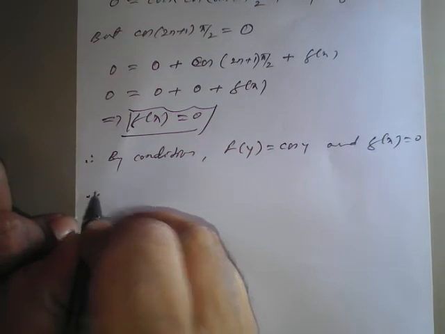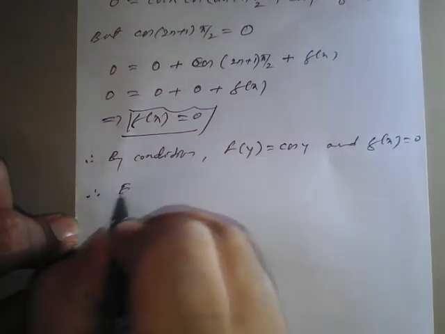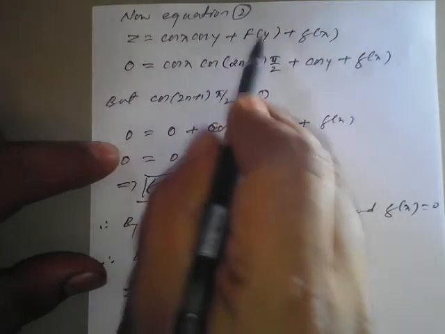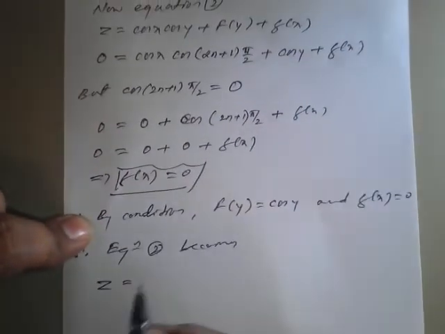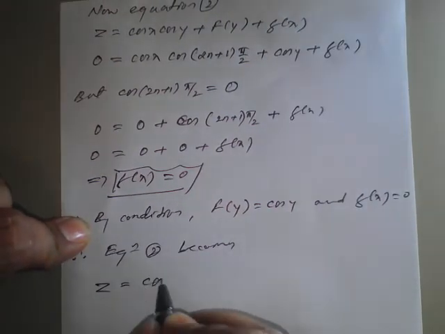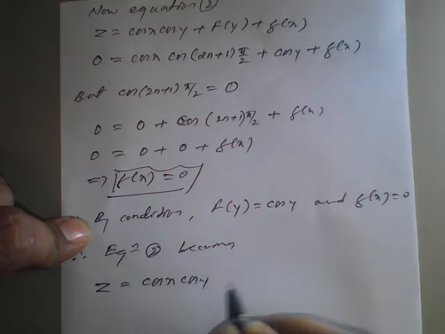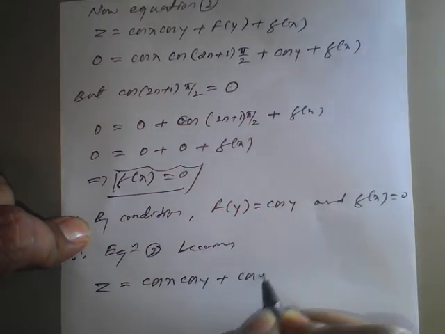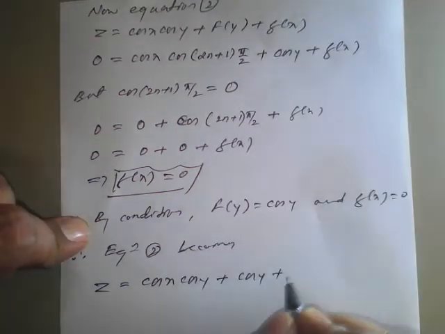So with this condition equation 2 becomes, because we want the z value, so z is equal to, here we need to apply the values of f of y and g of x, so we got cos x cos y plus capital F of y, the answer is cos y, but g of x is 0.